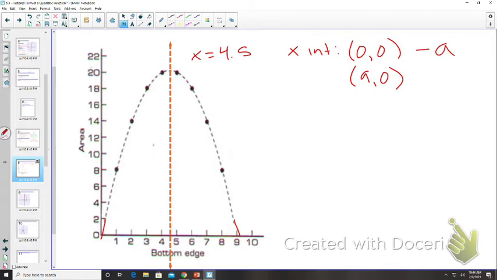Okay? So now we can just get in there, right? So we have y is equal to a. Okay, I know we know it's a negative a, but we will solve what the actual value of a is. So just leave it for positive right now, okay? So we have that, and we also have our x-intercepts. So it's x minus 0 and x minus 9, right?